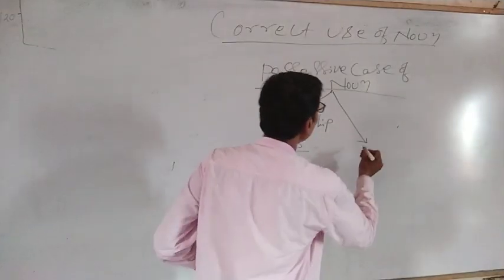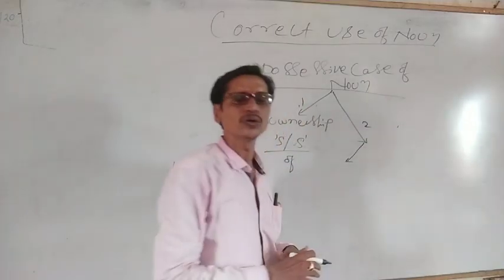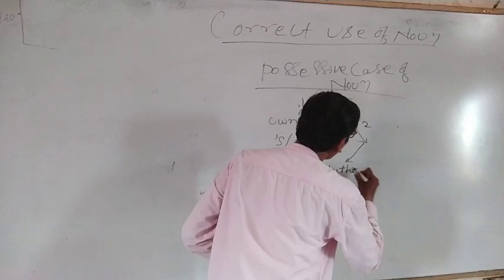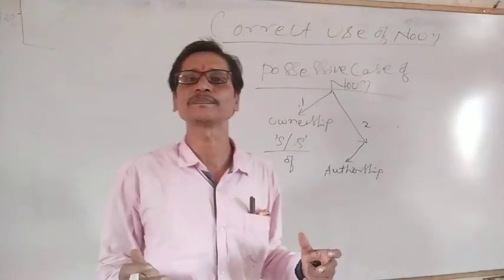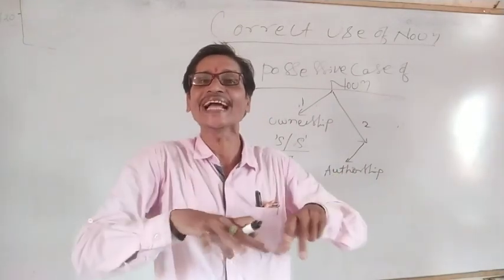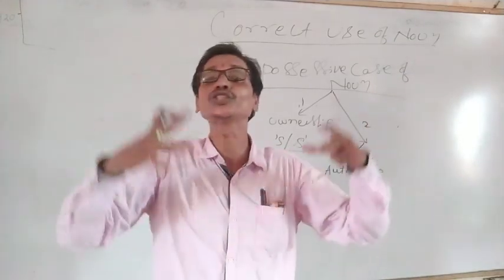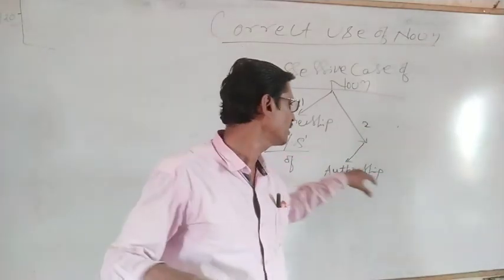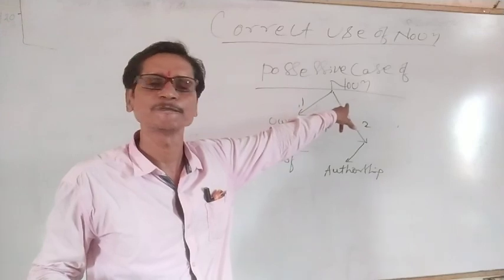For example, this is number 1, this is number 2. In number 2, we use it when we are talking about authorship. Who is the author? Whose book is this? Whose writing is this? Whose poem, whose stories, whose plays, whose novels? When we are talking about authorship, we can also use the possessive case of noun.